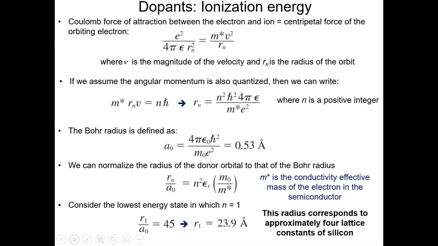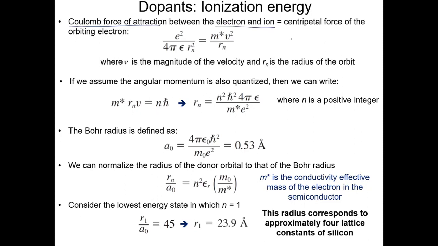You can assume that an electron bound to the core or nucleus of the atom is held by the Coulomb force of attraction between the electron and the ion.